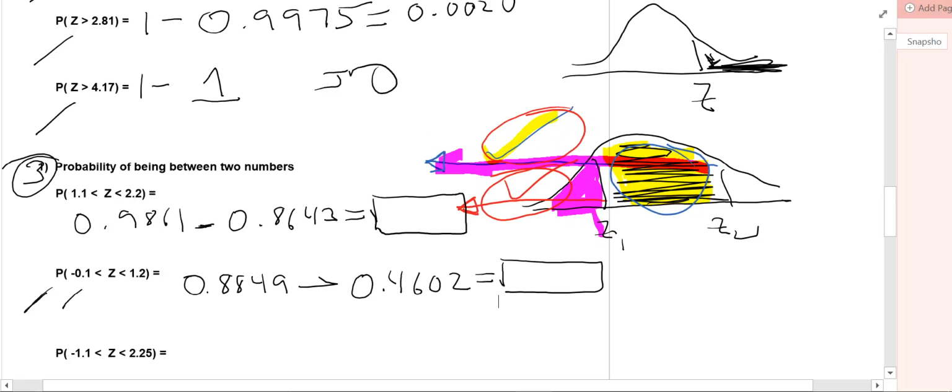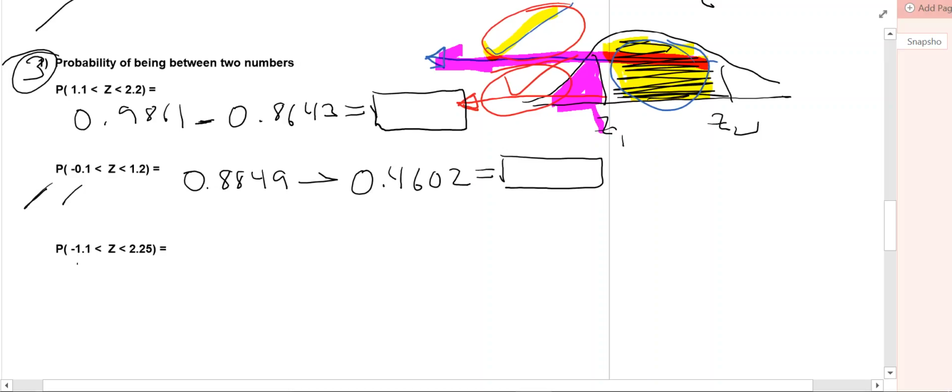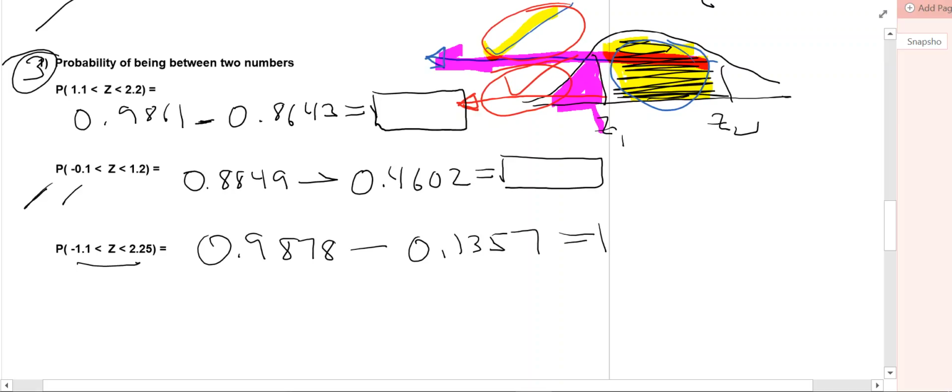The next one, again, I'm between two numbers. I look up the 2.25, I get 0.9878. I look up minus 1.1, I get 0.1357. I do the math, and I get the probability of being between these two numbers.